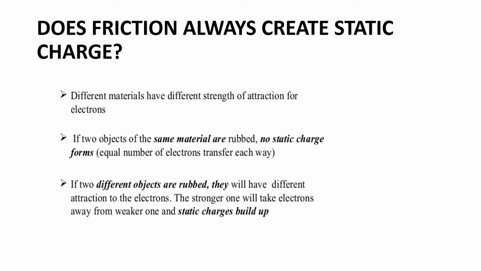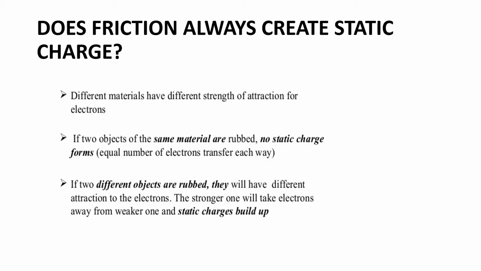So, does friction always create a static charge? No, the answer is no, because different materials have different strengths of attraction for electrons. If two objects of the same material are rubbed, no static charges will form, because electrons need to transfer for static charge to appear.